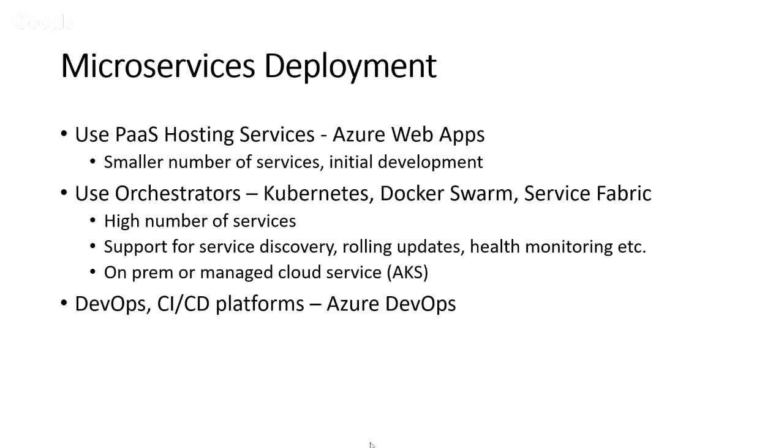DevOps is basically a new trend where you don't have two very independent teams, development and operations, but you have one team which takes care of everything, or people who take care of development and operations but cooperate with each other very closely. So it's the opposite of what it was before, when you had a development team which developed some software and then threw it to the operations team and didn't care, and the operations team had a hard time making it work.